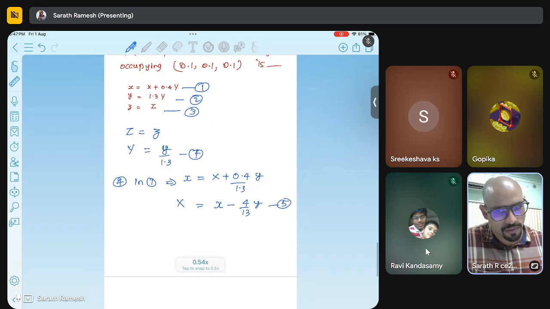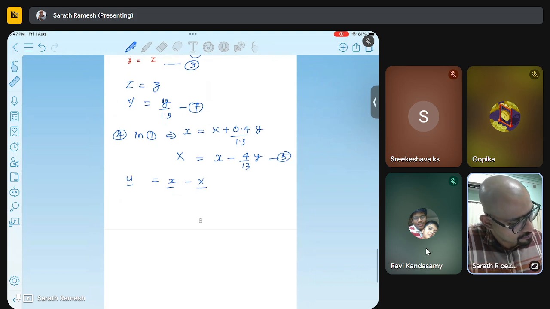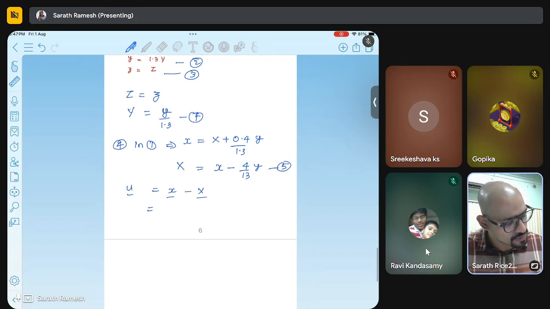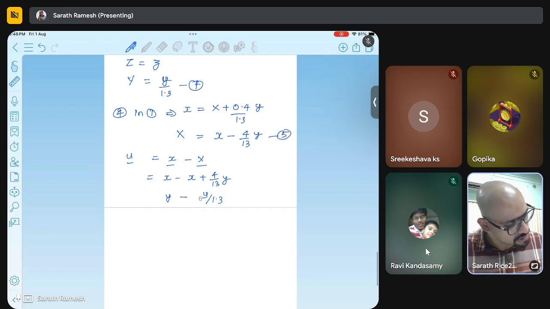Let's solve the problem. The u vector is equal to small x vector minus capital X vector. This time we are going to substitute capital X in terms of small x. So x minus capital X is small x plus 4 by 13 y. And small y minus capital Y is y divided by 1.3, and this is the column vector.